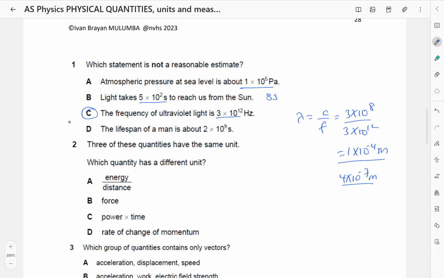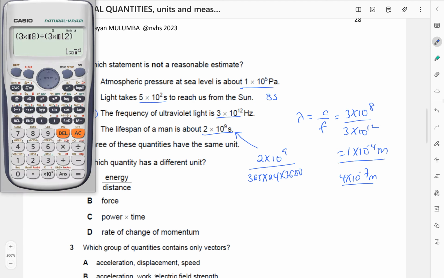The lifespan of a man is about 2 times 10 power 9 seconds. You can change that to years and see. So this will be 2 times 10 power 9 seconds. 1 year is going to be 365 days times 24 hours times 3,600. We are trying to change those seconds to years.